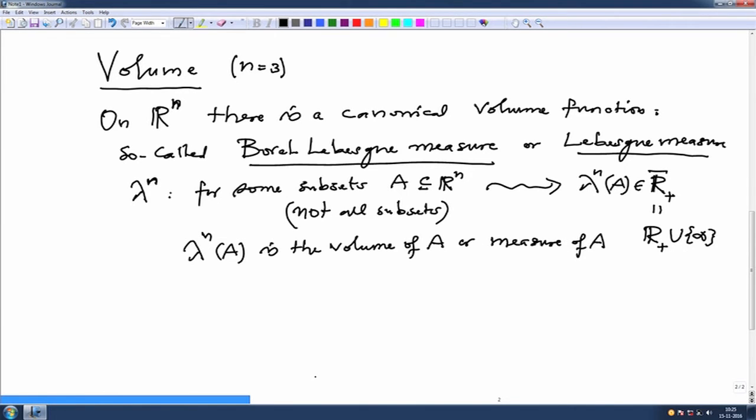I will not go into the detail of why it cannot be associated to all subsets. And in this case we will say that A is measurable.